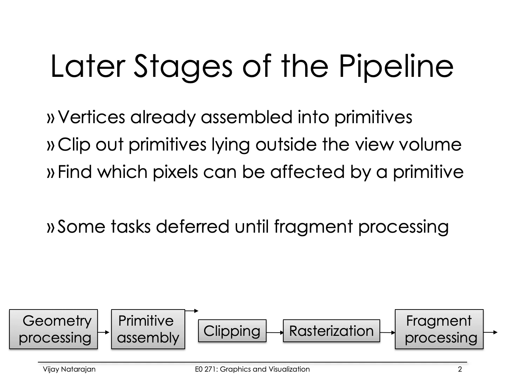Some of the tasks that belong to clipping or rasterization are postponed and taken up in a later stage called the fragment processing stage. So for example, a task called hidden surface removal is done at the fragment processing stage. So is anti-aliasing.